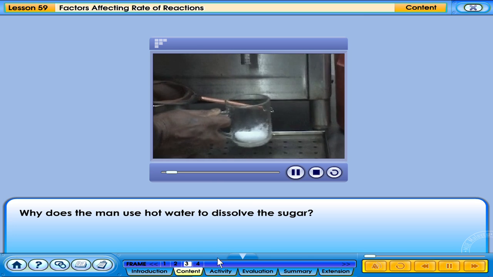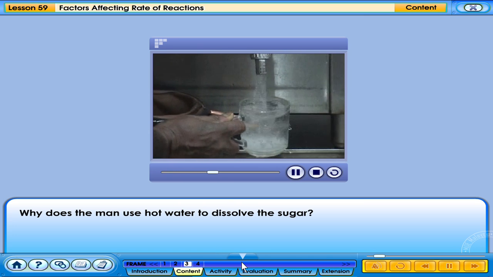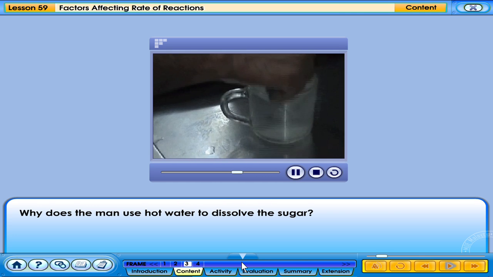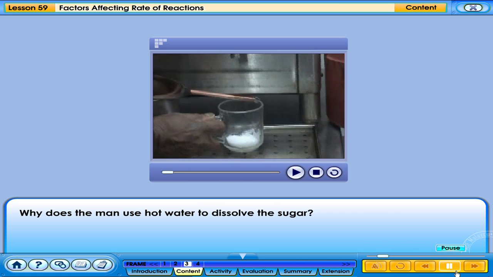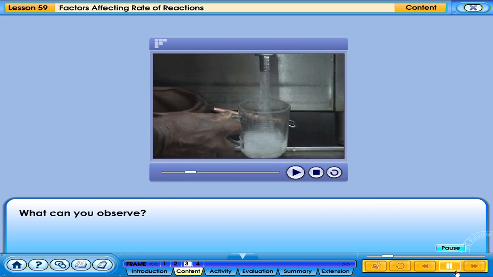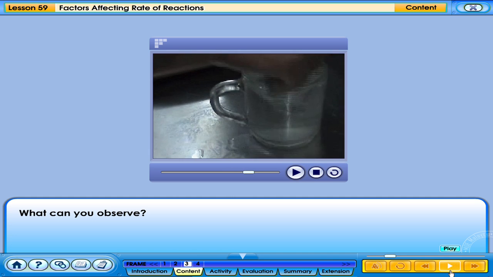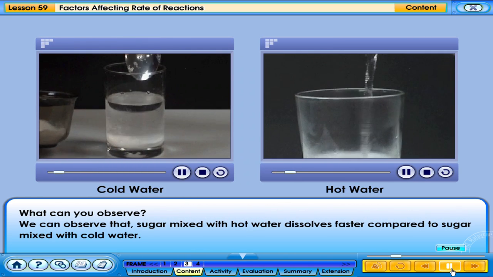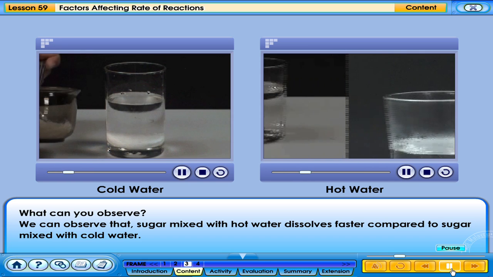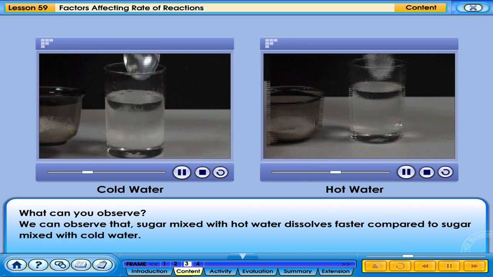Why does the man use hot water to dissolve the sugar? What can you observe? We can observe that sugar mixed with hot water dissolves faster compared to sugar mixed with cold water.